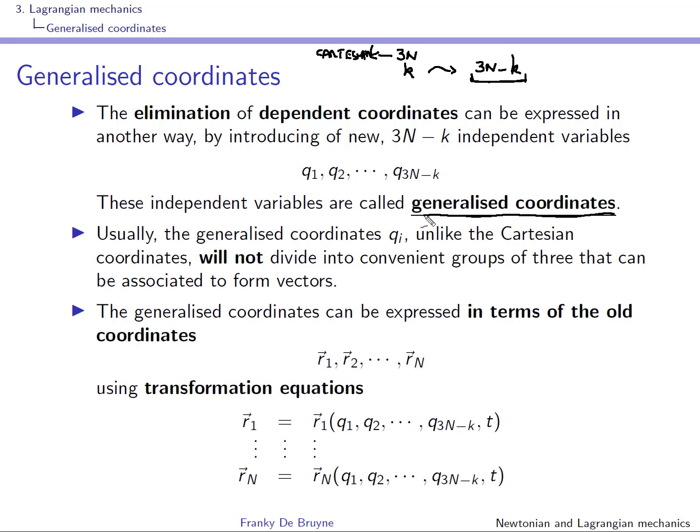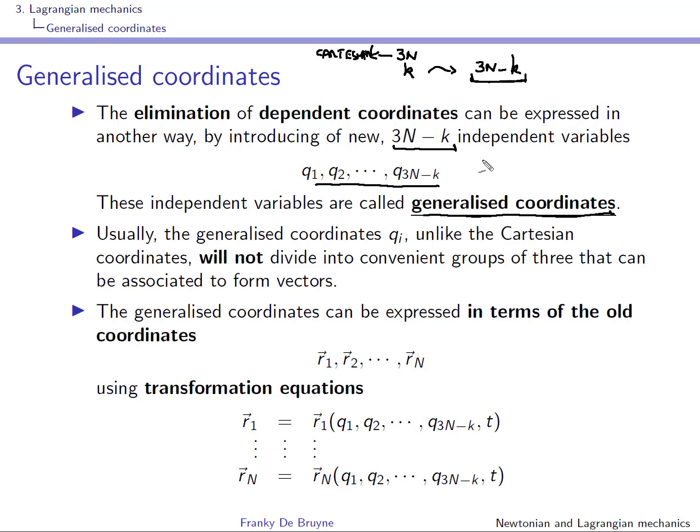These are variables that are linked to the degrees of freedom. In this case we have a system with n particles and k constraints. There are 3n minus k degrees of freedom, so you can find 3n minus k generalized coordinates that are linked to the degrees of freedom.